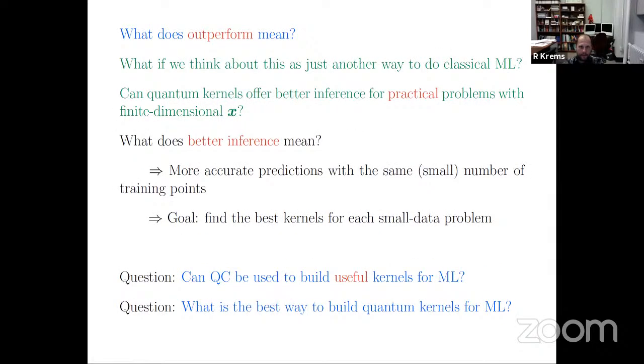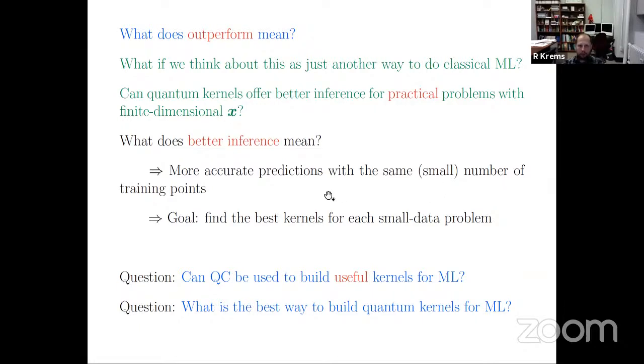So that's one of the questions that we consider in many of our studies in my group. Basically, what does better inference mean in this context? You want to aim to make more accurate predictions with the same and usually small number of training points.